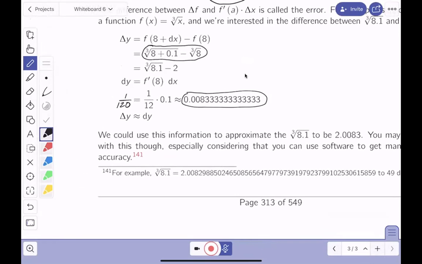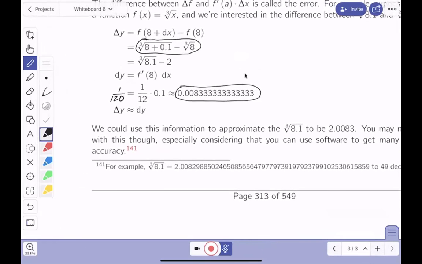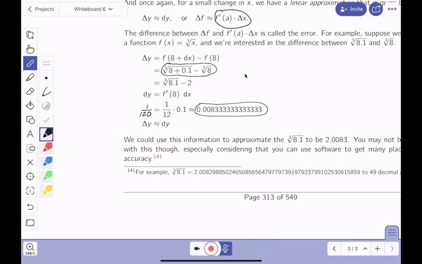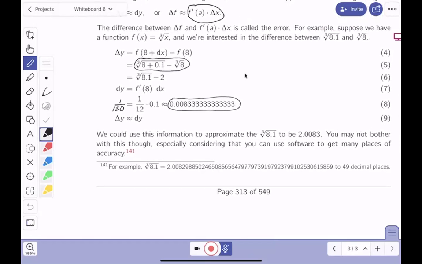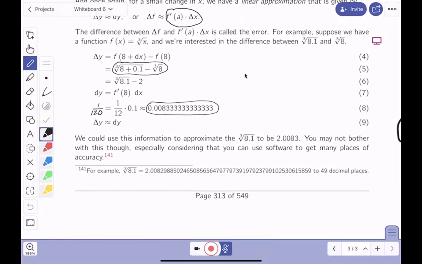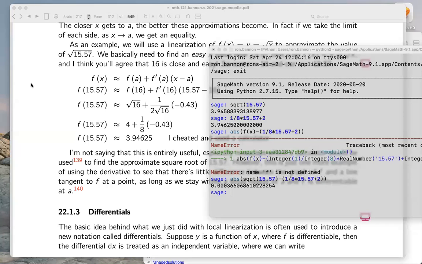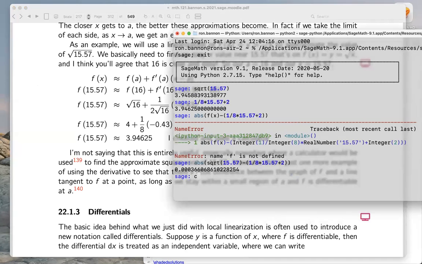All right, so here's the deal. I don't think I did the computation, though. I've got to do it. By the way, it's going to be approximately that number there. I'm going to go to my computer, and I should have written that down already, but let me just do another share. Let me clear the screen.